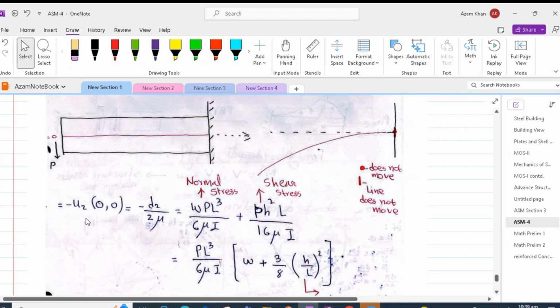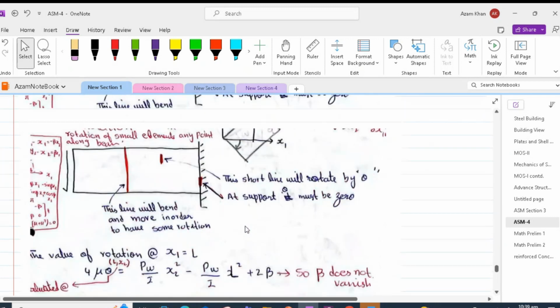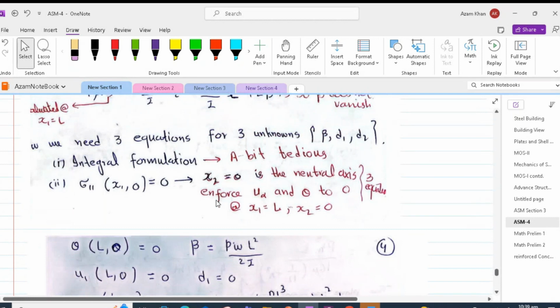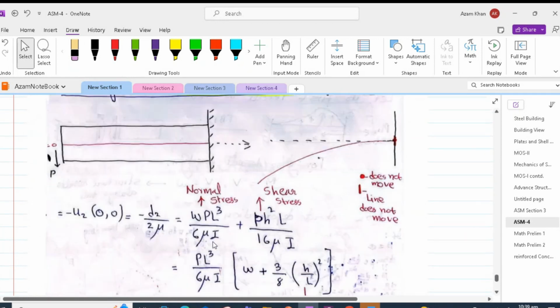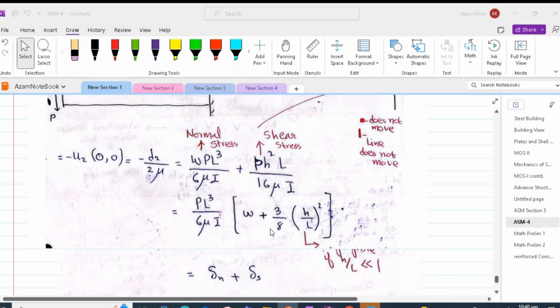So we can plug the values in the u2 equation, and we find that at x2 equal to 0 and x1 equal to 0, which is the free end, we would have wpl cube by 6 mu I plus ph square l by 16 mu I. From here, we can get PL cube by 6 mu I, in brackets, W plus 3 by 8, in brackets, H by L whole square.